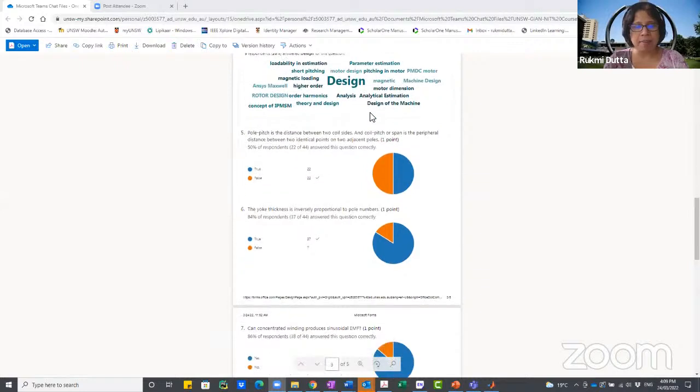Then there were a couple of technical questions. The first question was about the pole pitch and the coil pitch that we discussed. These are classical concepts in machine design, for all types of machines, not just PMSM. Actually, the question, if you read carefully, has swapped the definition of pole pitch and coil pitch.